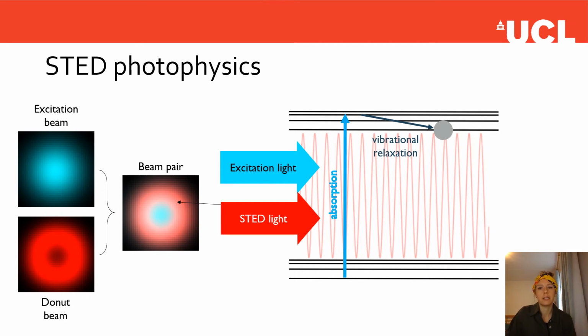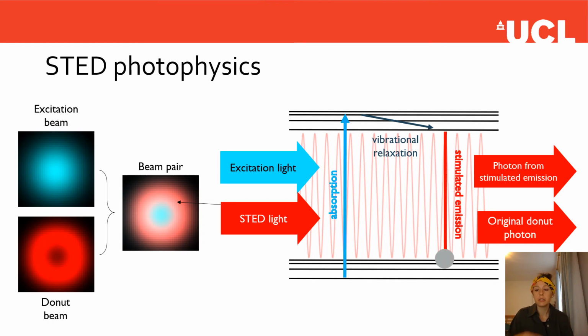When the STED light is present, it's really catalyzing the molecule to fall down one specific energy transition. And that energy transition perfectly matches the energy of the STED photon. So this is a process called stimulated emission. Our excited molecule basically resonates with our STED light.